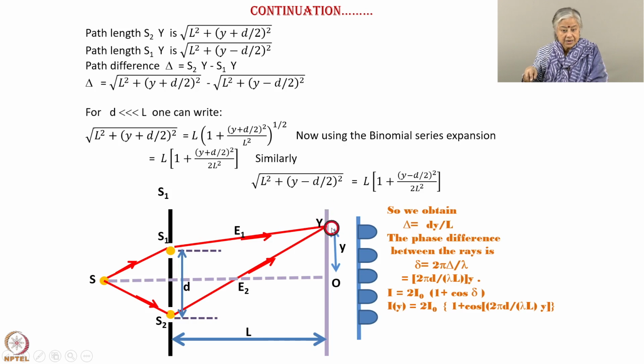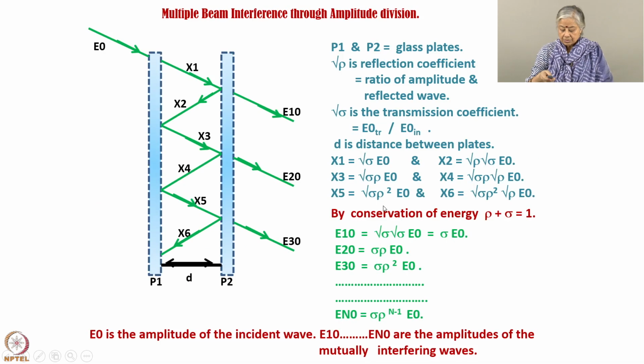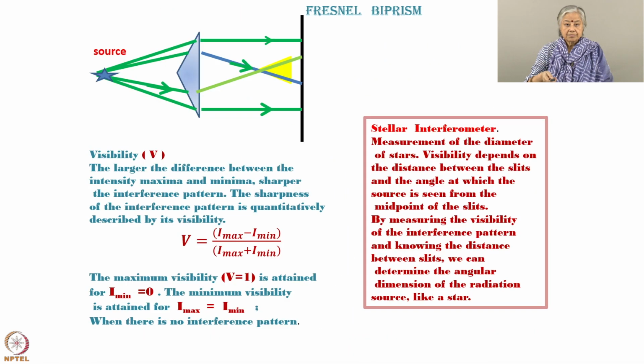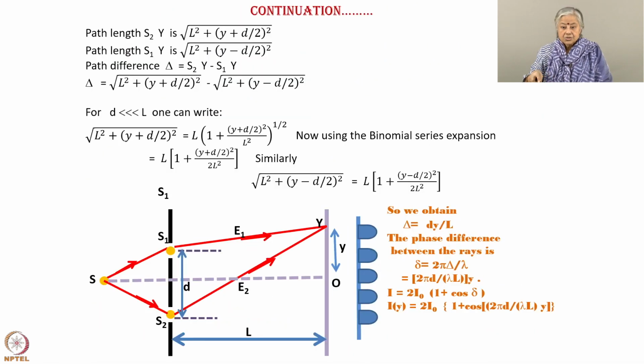So, y is that distance. The path difference turns out to be delta equal to dy by L. Here d is known, L is known, the distance between the slits is known. y is something we want to find out.